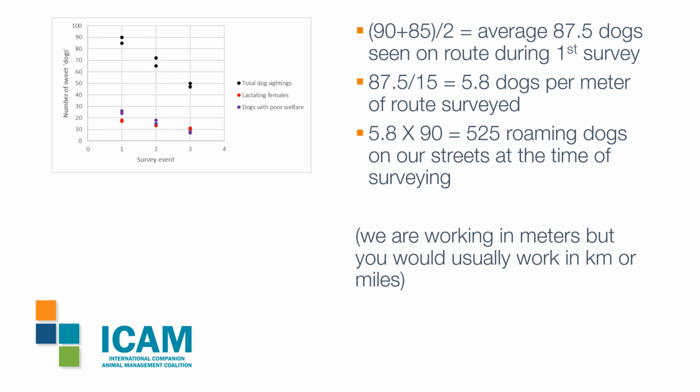So we have 5.8 roaming dogs per metre on our route, but we know that there is a total of 90 metres of street in that little Kathmandu map. So we're going to multiply 5.8 by 90, and we get 525 roaming dogs on our Kathmandu streets at the time of surveying, and that's the important qualifier.